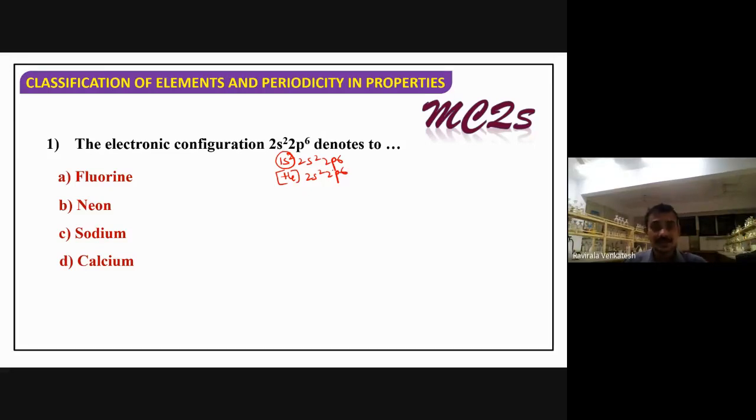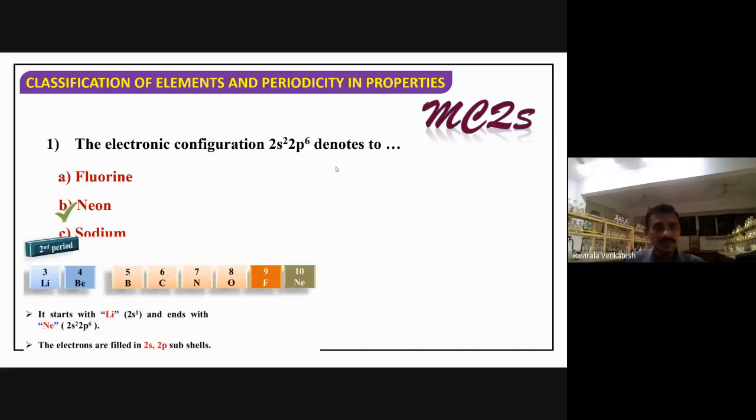Whenever you get 1s2 2s2 2p6, put that as neon. So I think you got how to write the atomic number and how to find the atom name by using the electronic configuration. This way we can easily answer it.